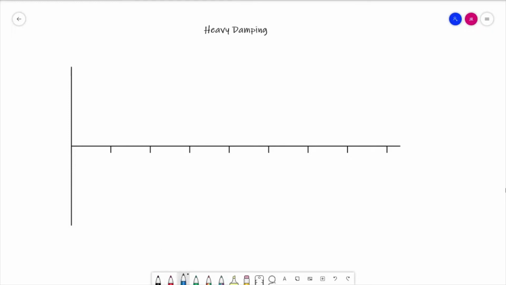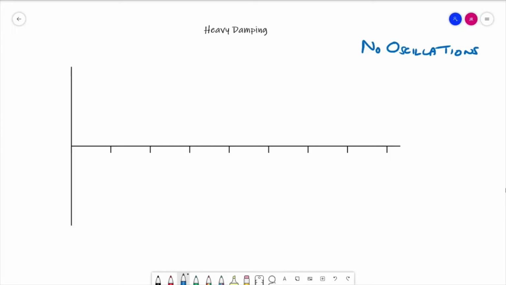Now, if we do have heavy damping, then we're going to get no oscillations at all, because there simply isn't enough force in the system to overcome the force of damping in the first place.